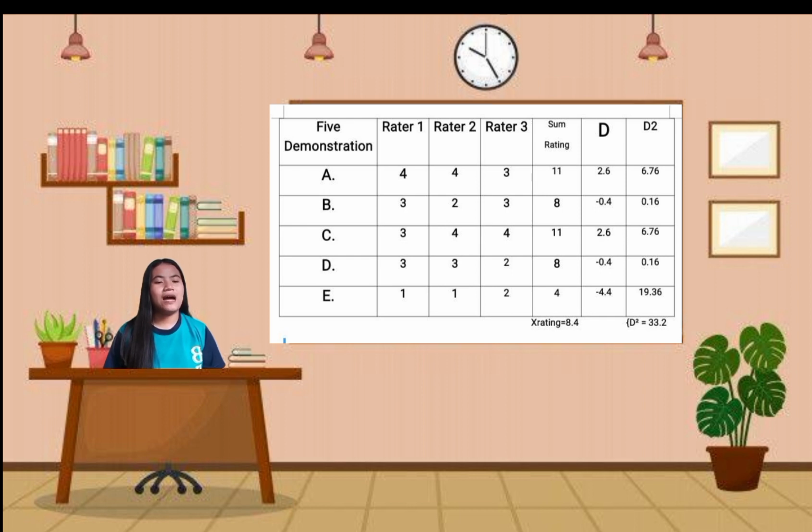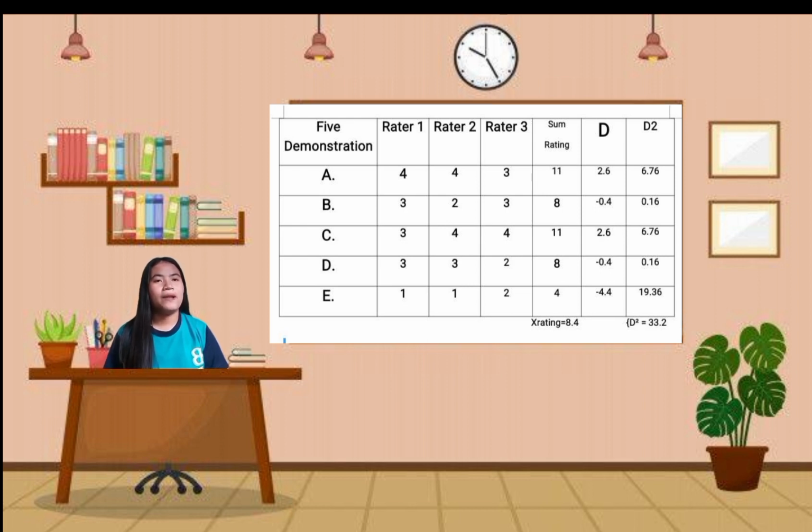So, to find the sum of ratings, kailangan nating ipag-add yung nasa rater 1, rater 2, and rater 3. So, example, sa demonstration A, kailangan nating ipag-add yung rater 1, rater 2, and rater 3.